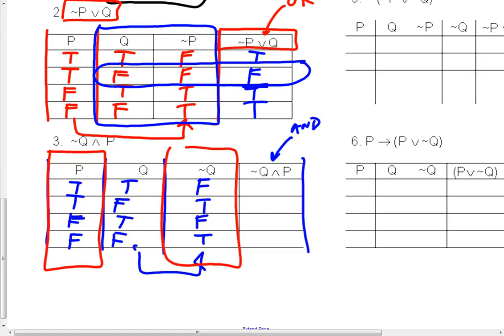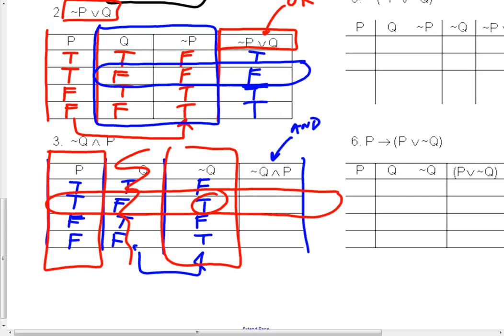No, not for and. So right now I'm really ignoring all of that. What's going to result in a true? The true and the other true. Right here, I've got two true components. That'll be true. Everything else is false because and is picky.